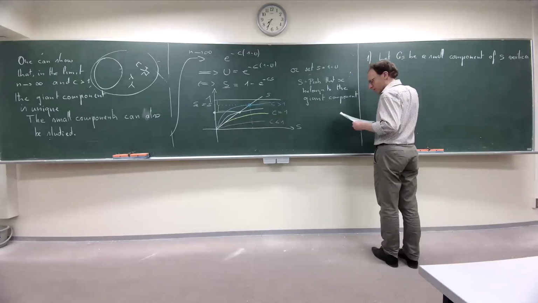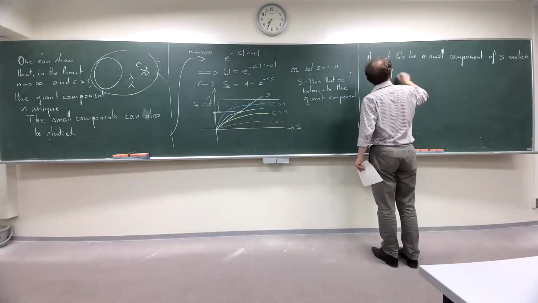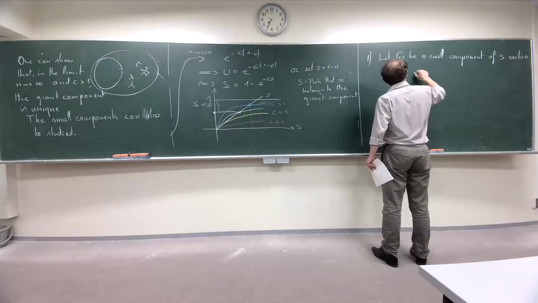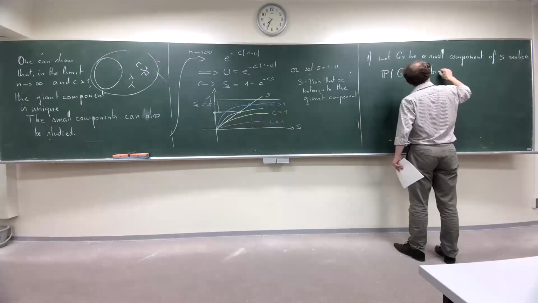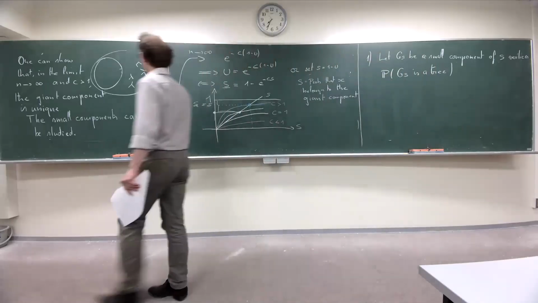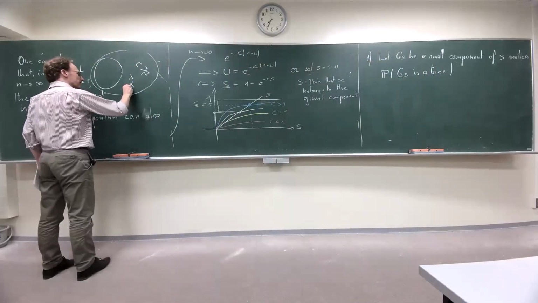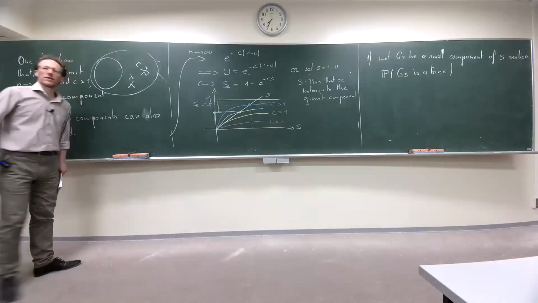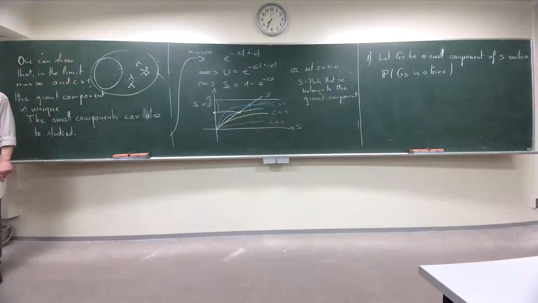The first result is the probability that GS is a tree. So I take, let's say, four vertices. What is the probability that this small thing is a tree? So you have no cycle.